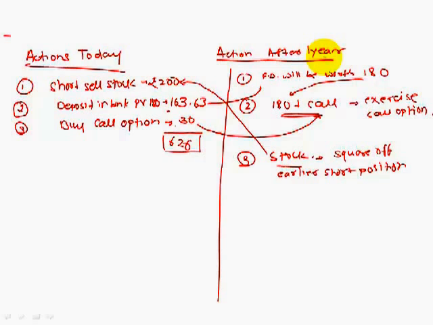So hence arbitrage profit exploited out of mispricing is rupees 6.26. There's a mispricing in the market. It should be 36.26, but it's 30. Is 6.26.